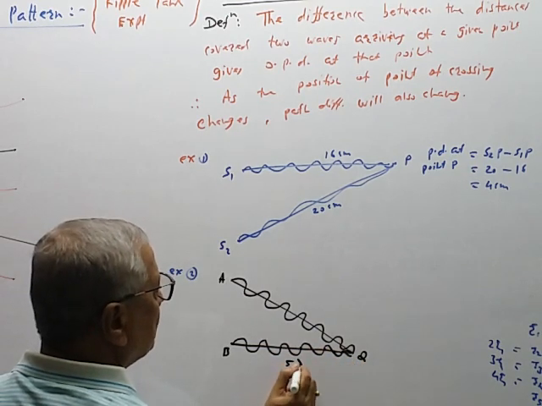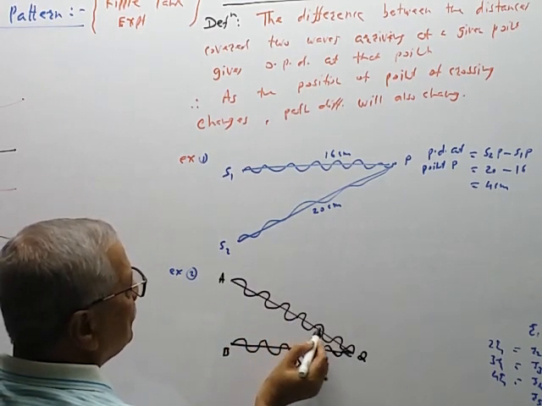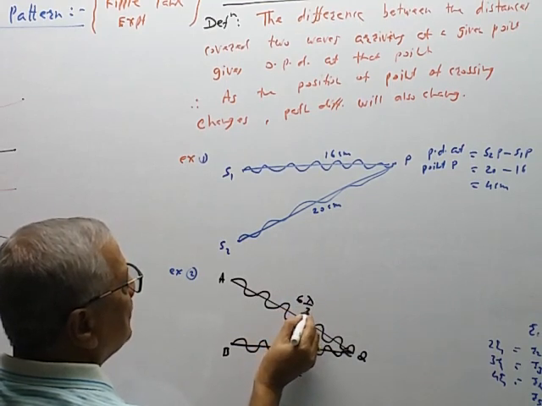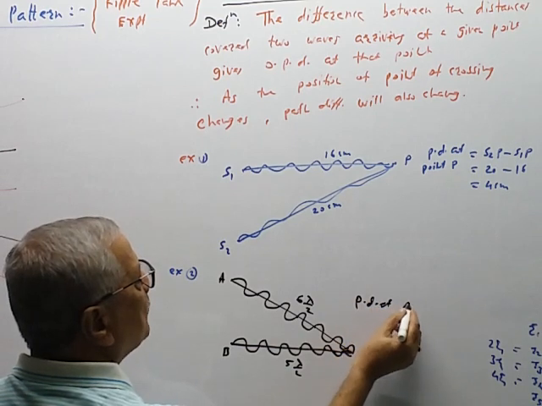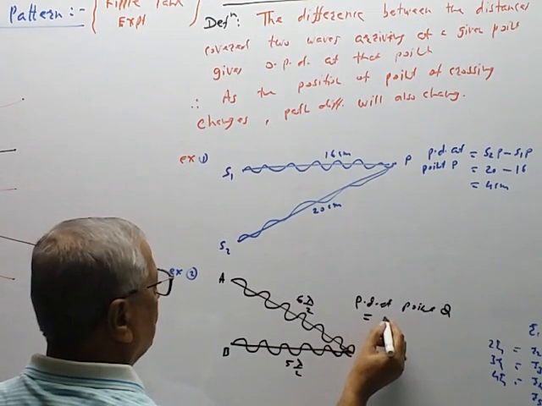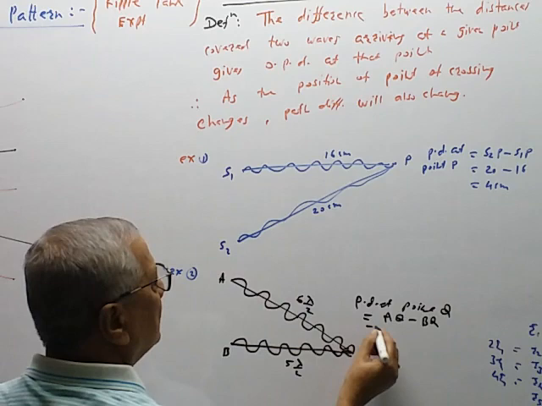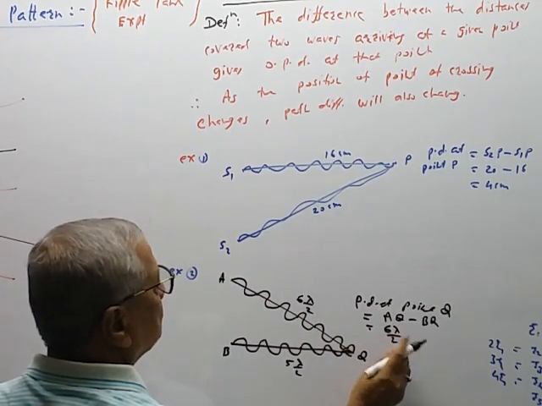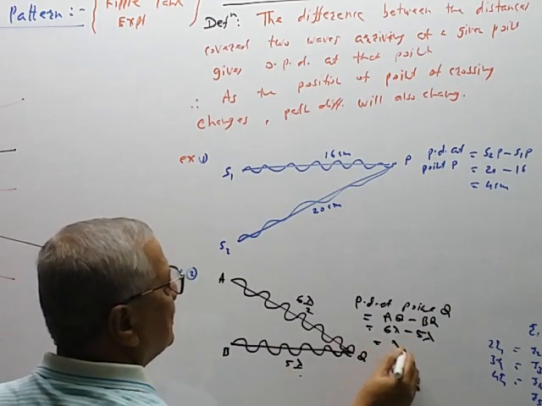So this distance is 5 lambda by 2. This is 1 lambda, 2 lambda, 3 lambda, 4 lambda, 5 lambda, 6 lambda. This distance is 6 lambda by 2. So path difference at point Q is equal to AQ minus BQ, as AQ is more than BQ. Sorry, AQ is 6 lambda and this is 5 lambda. So path difference is equal to lambda.